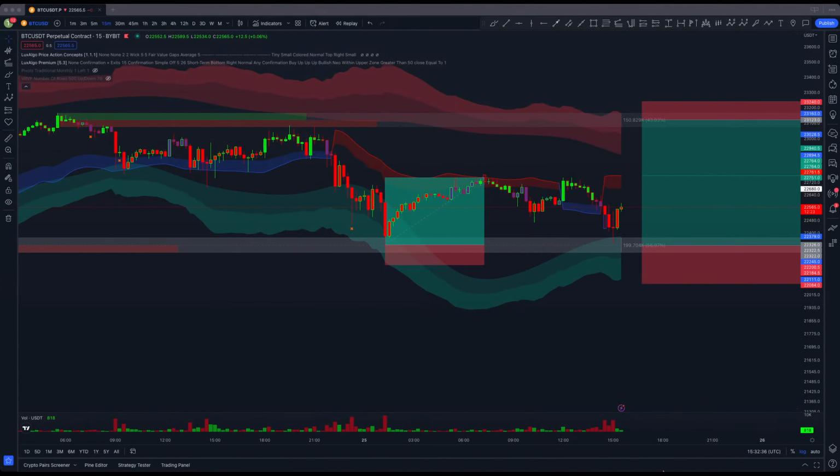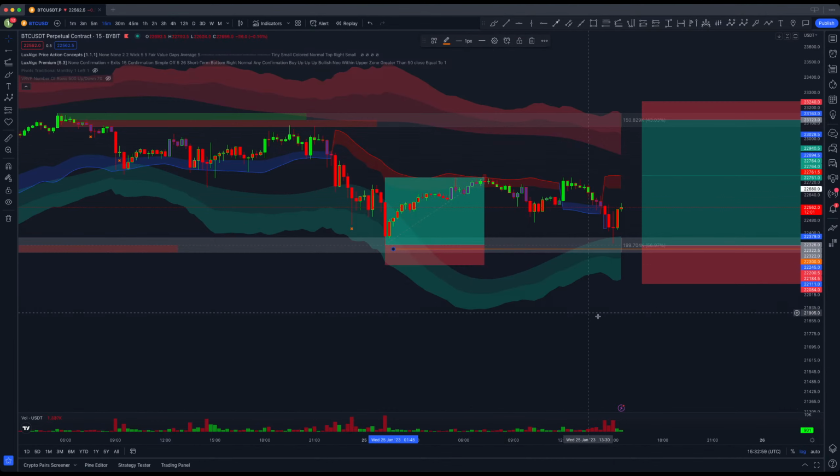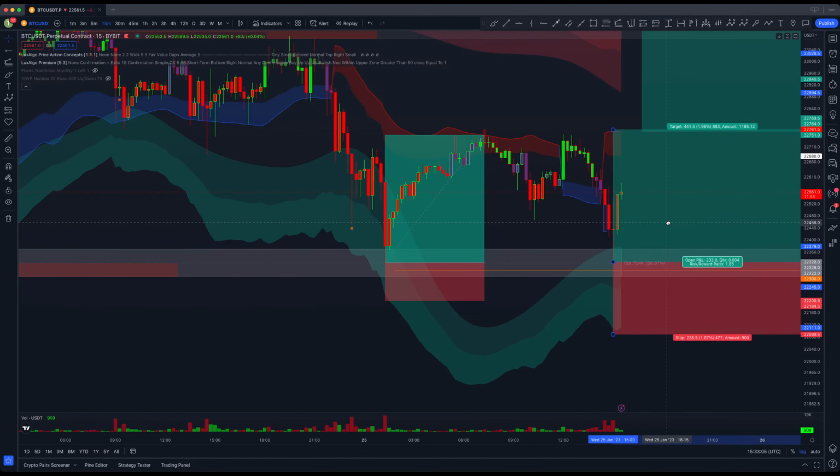Let's head back to TradingView. Just let me put it up on my screen. Let me get a line at 22,300, right? It's a really tight stop loss.